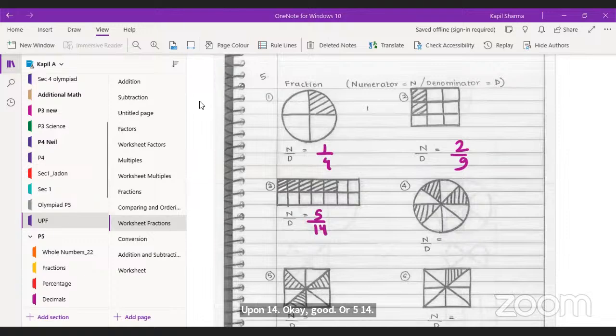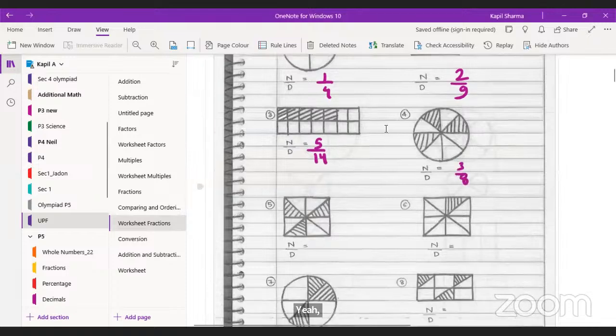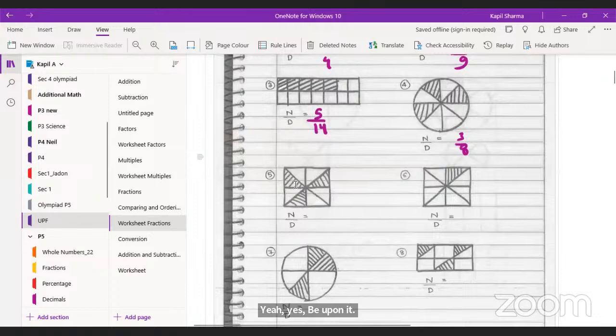Next one, 3. Yes, Parth, correct. Mitlesh, correct. 3 upon 8. Next one, good.